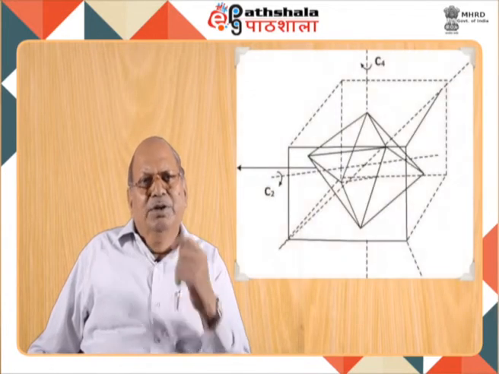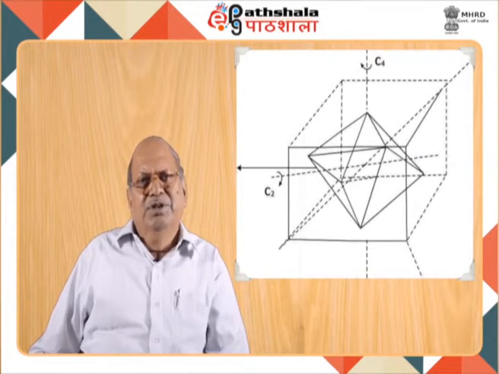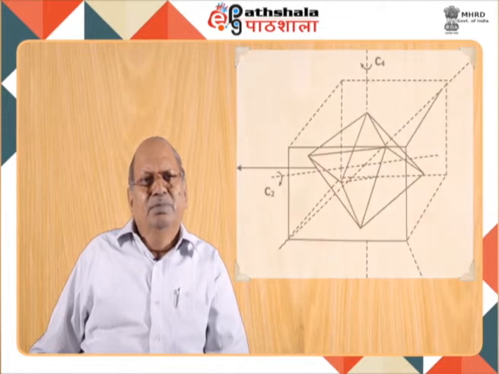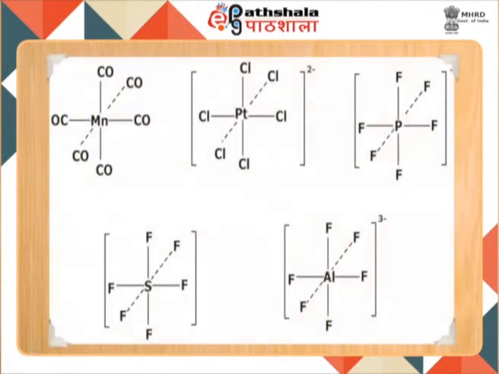So, the octahedral point group is a highly specific point group, and in the diagram an octahedron is inscribed into a cube and various symmetry elements C3, C4, etc. are shown. Now, examples of molecules belonging to the octahedral point group are given.